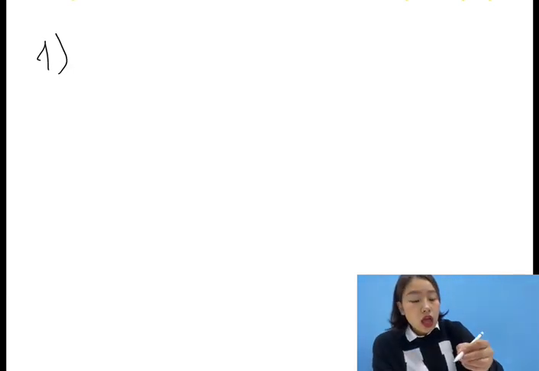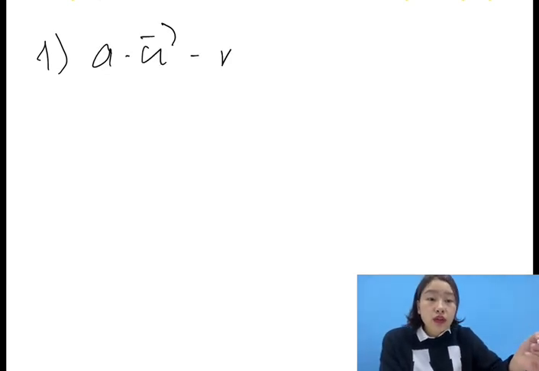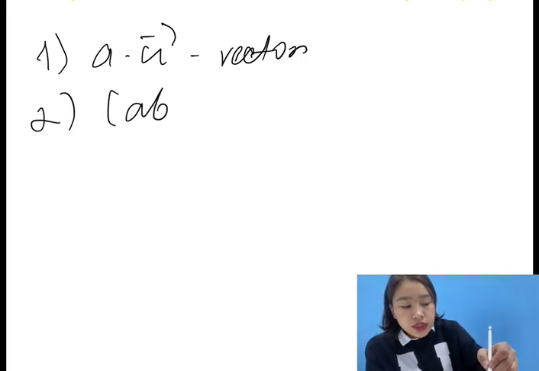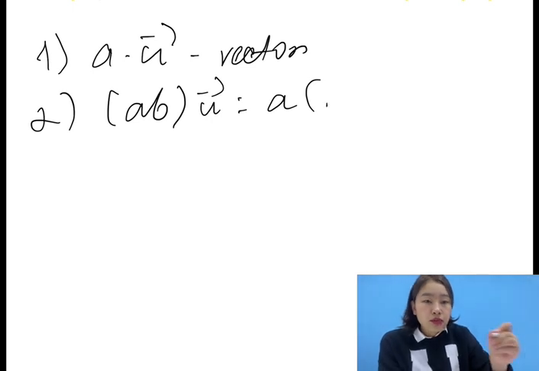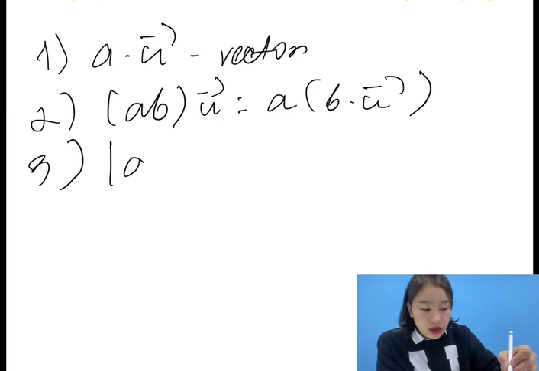We have the same properties of multiplying vectors, like the rules, and we have A and B. A and B here will be the value, or the scalar, or the number. A multiplied by U vector is just a vector, okay? The second one, if we have multiplying by 2 numbers and multiplying by a vector out of brackets, we can write it like the A number, or the scalar, out of the brackets, multiplying by B, multiplying the U vector.